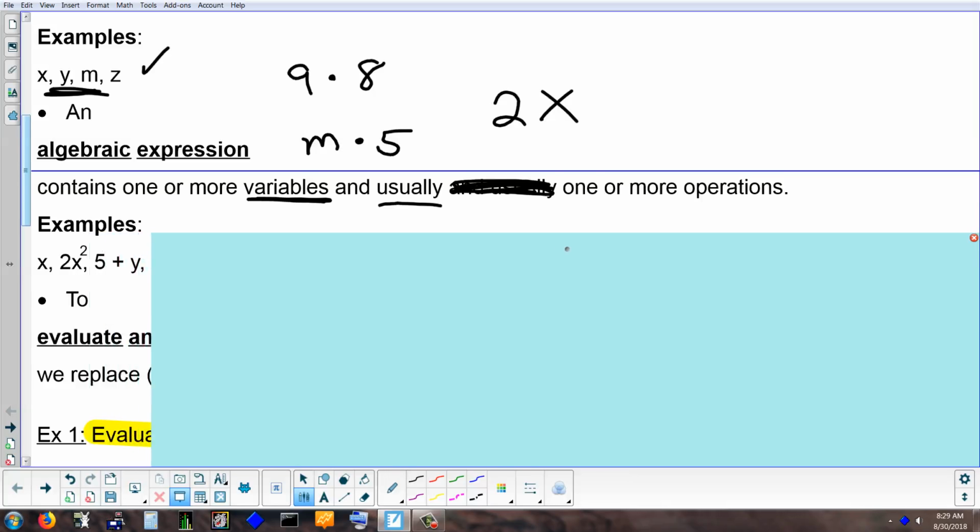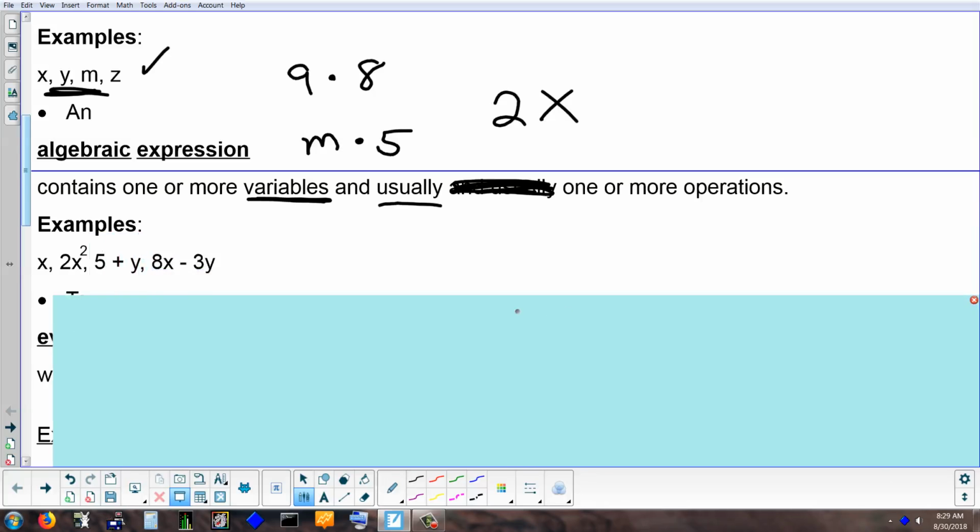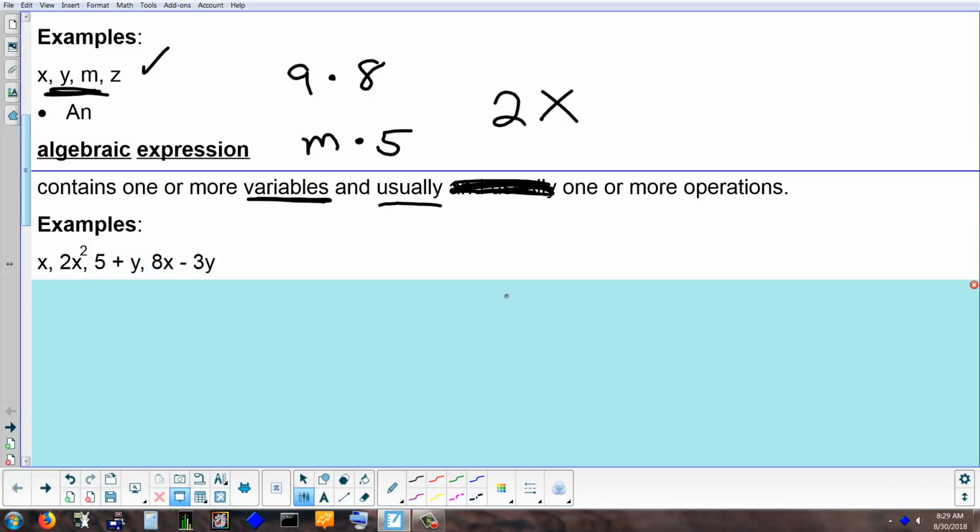5 plus y. What's 5 plus y an example of? What operation is in that? Addition. So there's your operation right there. We've got a variable, an operation, and then we've got a number.